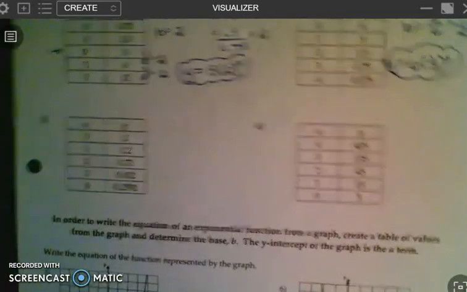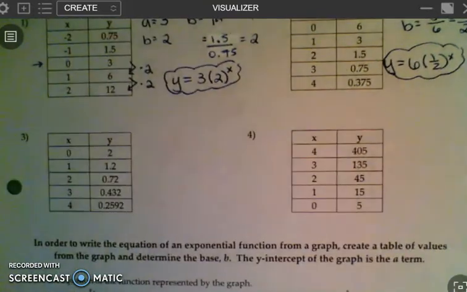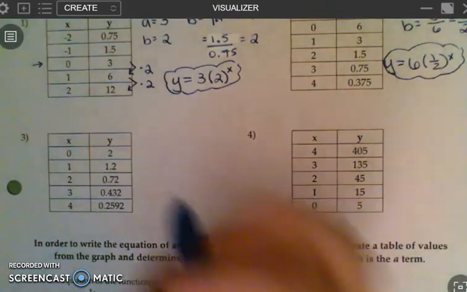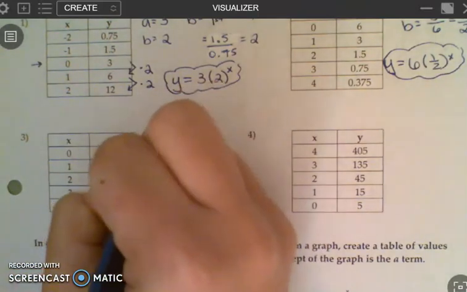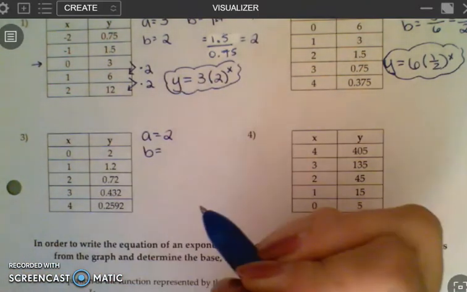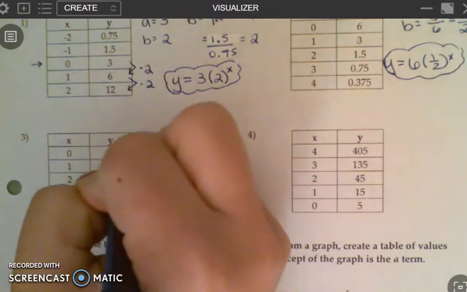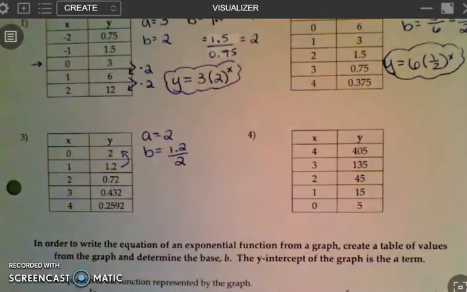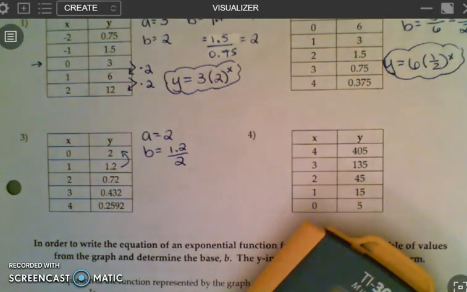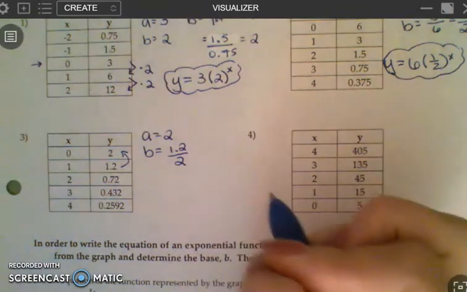Okay, let's go ahead and go down to number 3. So for number 3, my y-intercept is 2. B is my ratio. So again, take your second and divide by the first. So 1.2 divided by 2 gives me 0.6.